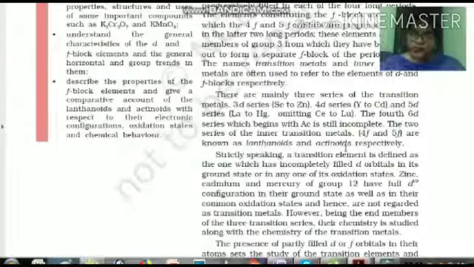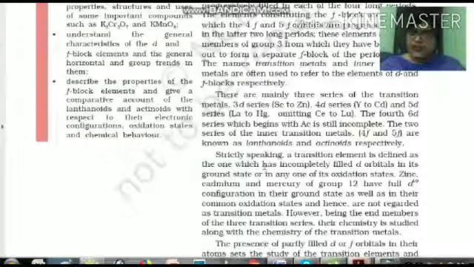Now see children, here we will see the definition of a transition element. What is the definition of transition elements? It is defined as the one which has incompletely filled or partially filled d orbitals in its ground state or in any of its oxidation states. That will be considered a transition element.